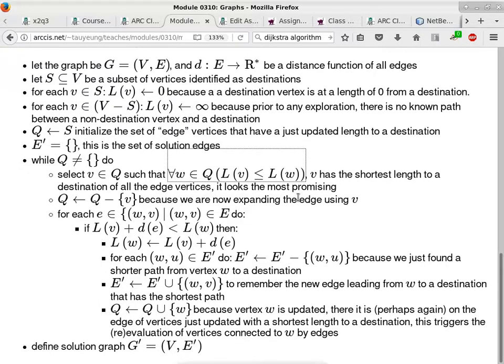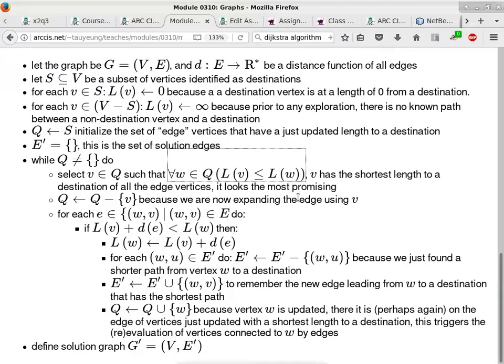It has the shortest path compared to all. Yep. The known shortest path distance length of V is shorter than, okay, there are no shorter paths within vertices in Q than V. There might be ties, but no one has a shorter path.